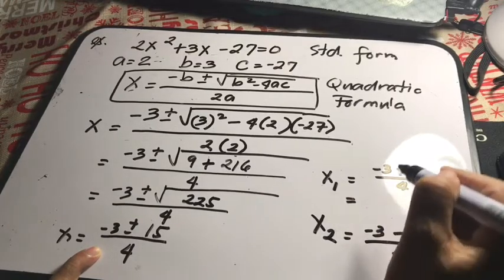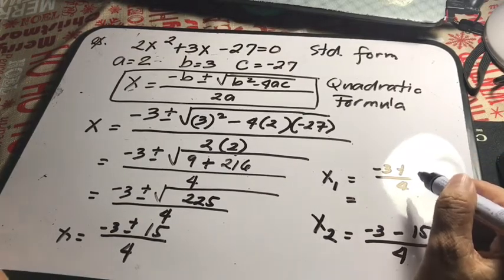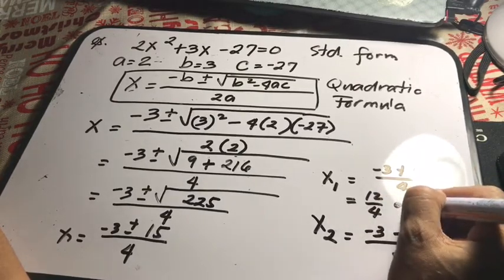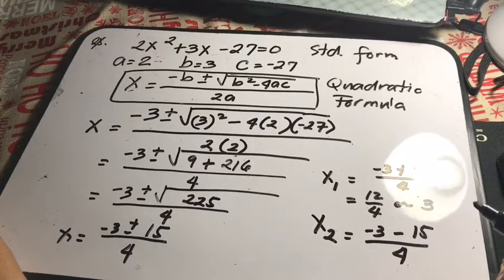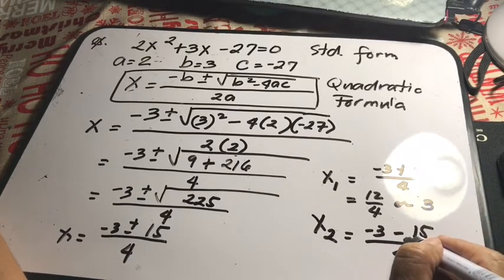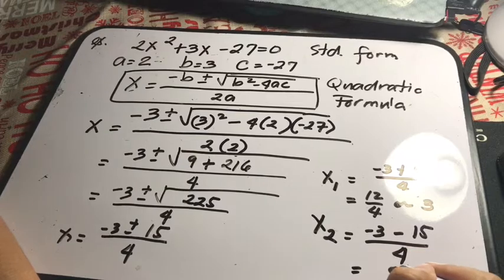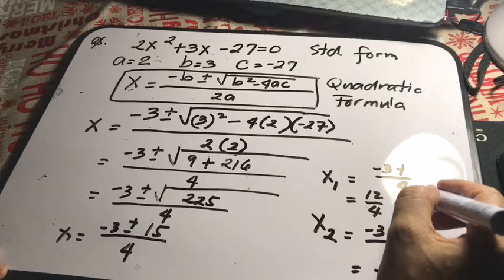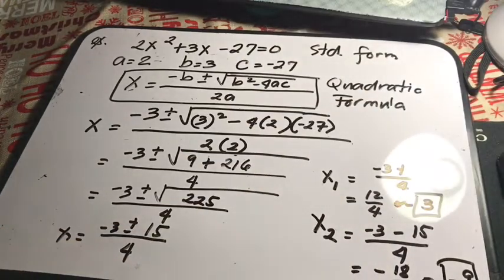Negative 3 plus 15 is 12 over 4, which is equal to 3. Negative 3 minus 15 over 4 is negative 18 over 4, which simplifies to negative 9 over 2. So this is our final answer. As you can see, we have two real solutions.